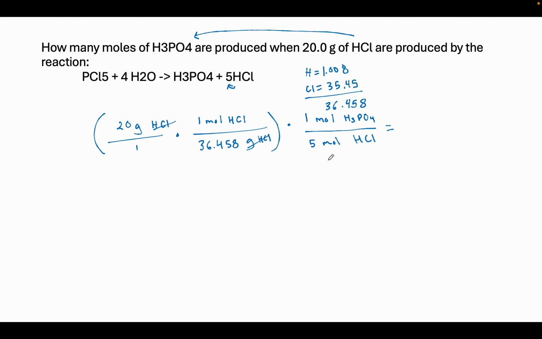That means our only right answer is B, because this whole process is 20 over 36.5 divided by 5. Same thing.